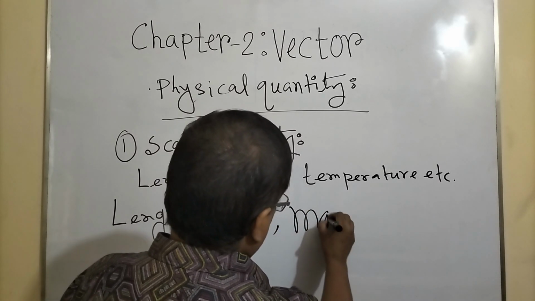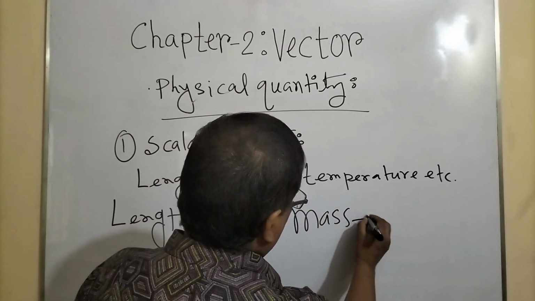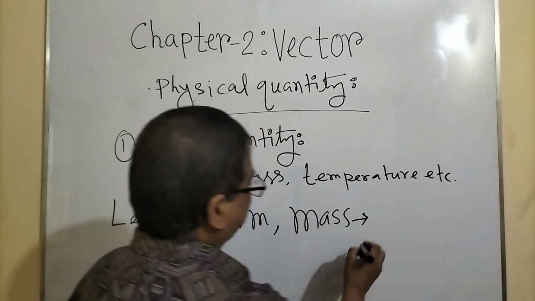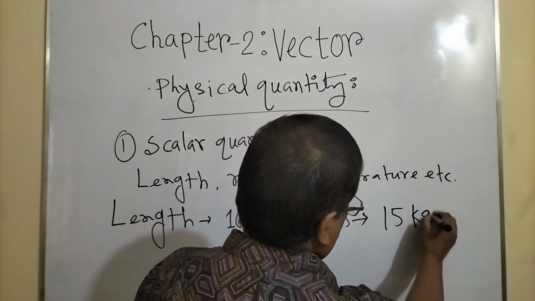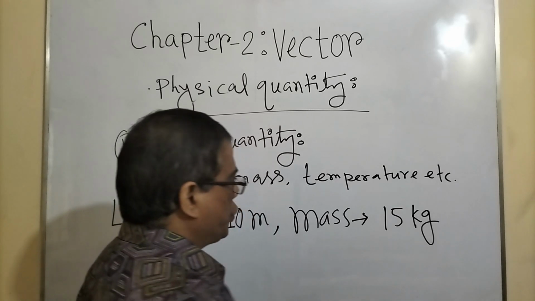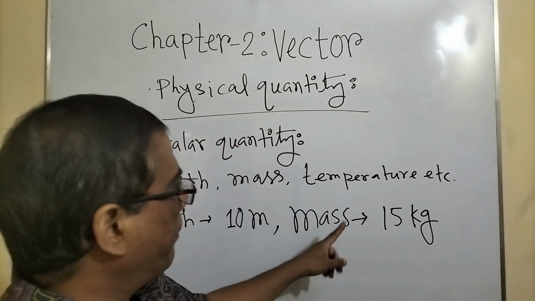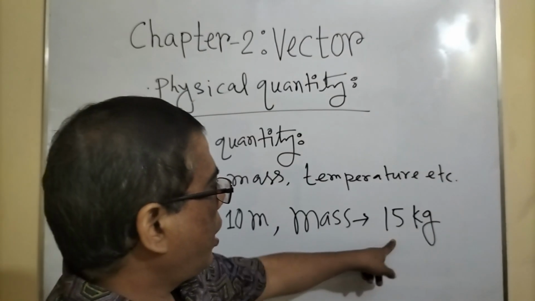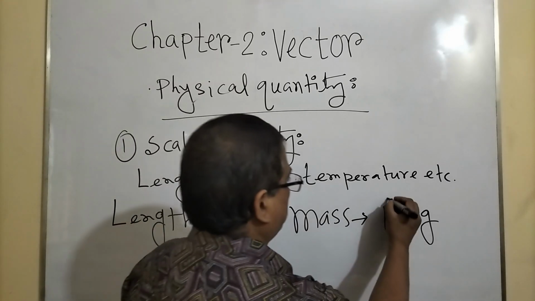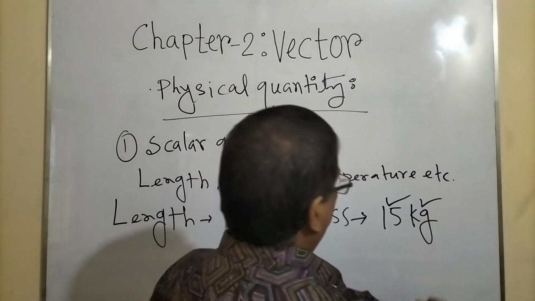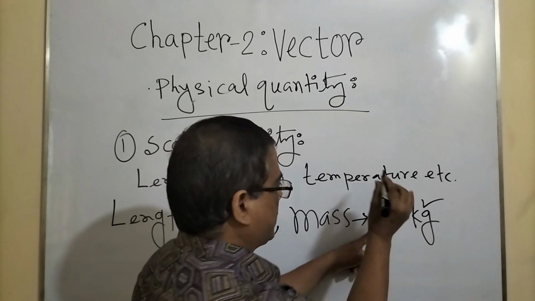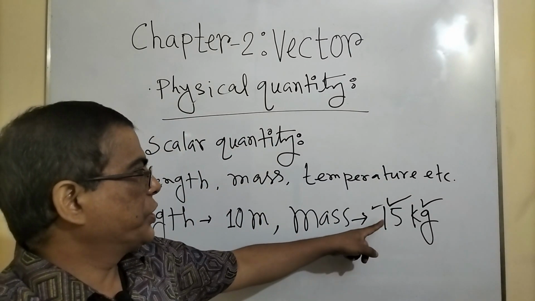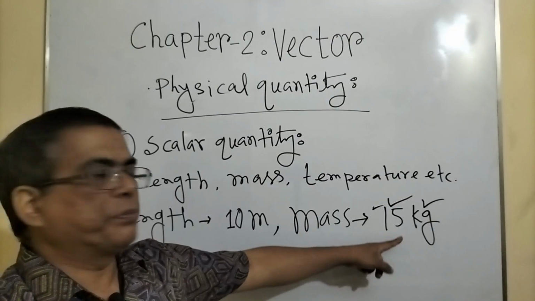Mass, suppose 15 kg. To represent mass, it requires a number 15, a unit kg, and a mathematical sign plus, that is in the left of number 15.